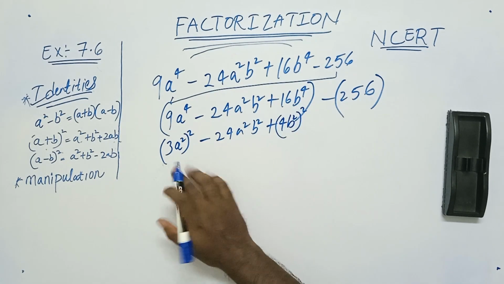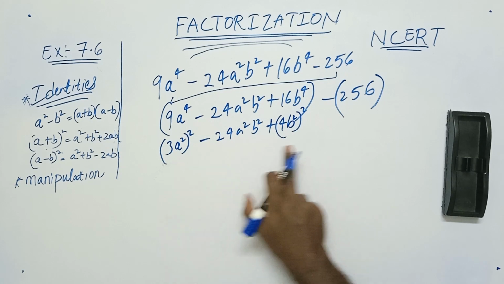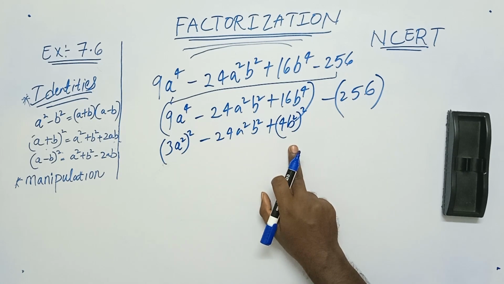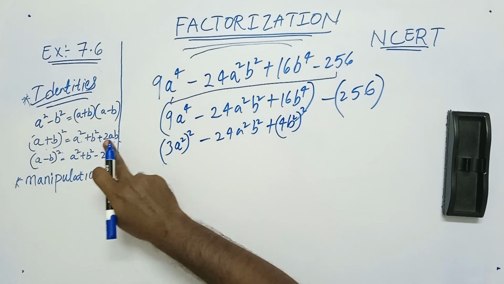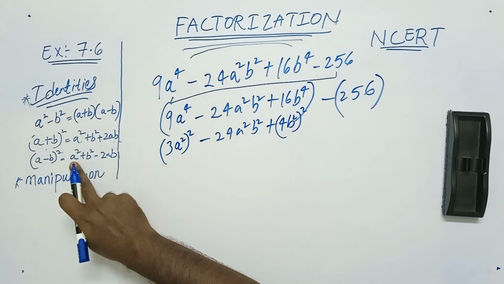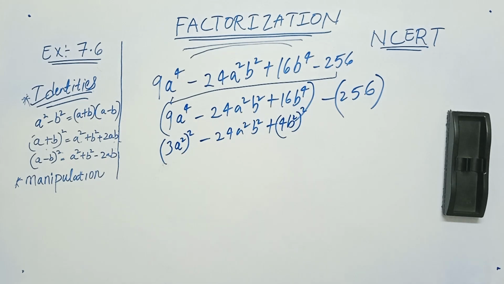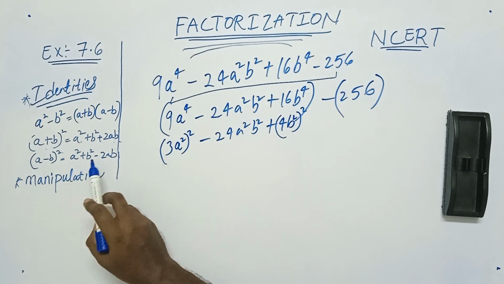Now if you observe this expression, it looks like a square plus b square minus 2ab.